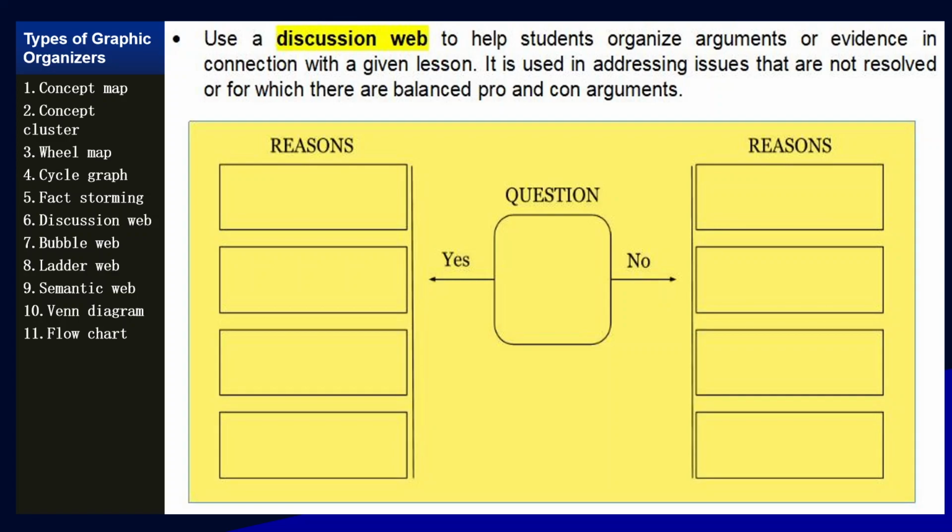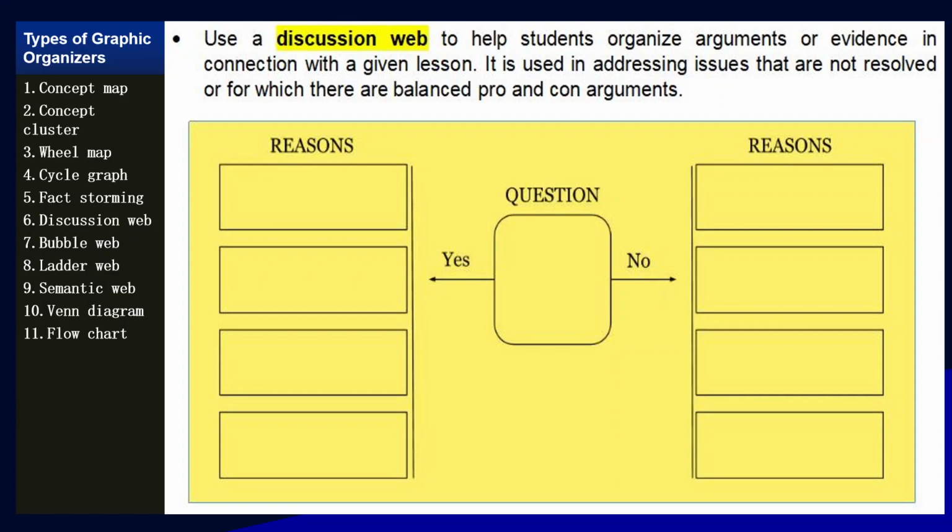Questions, instead of using an essay format like introduction, body, and conclusion. It would be easy to convey the different reasons for a question if the answer is yes or no by just using a graphic organizer. Like if you have a question, do you agree with abortion, for example, yes.